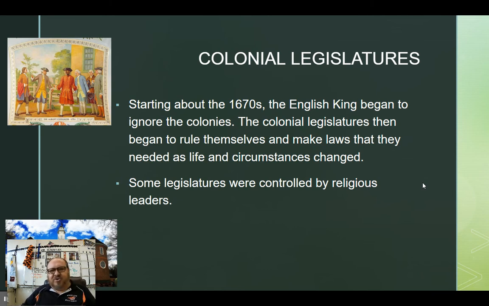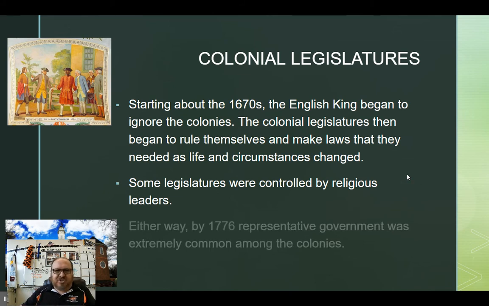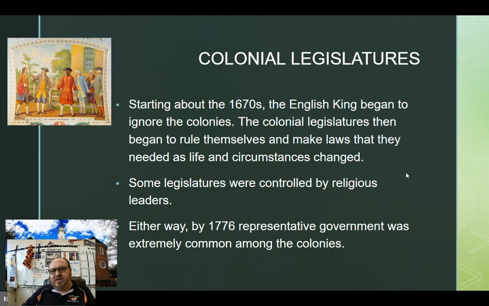They began to kind of ignore some of the laws coming from Parliament a little bit. Some legislatures actually went along with their communities and allowed religious leaders to control them, mostly in Massachusetts and Pennsylvania, a couple of other places. But by 1776, this idea of self-government and representative government was extremely common in the colonies.